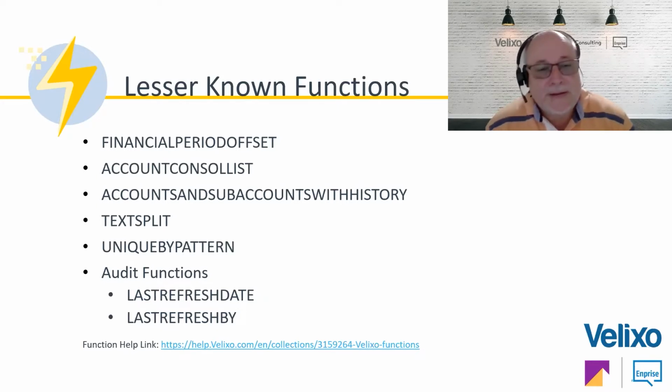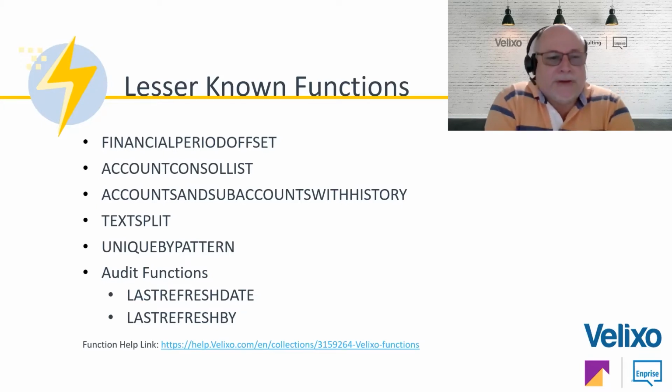Then the account console list. Now, you all know that within MYOB Advanced, if you've got consolidation accounts set against any GL account, to get a list and then build that report becomes quite difficult.